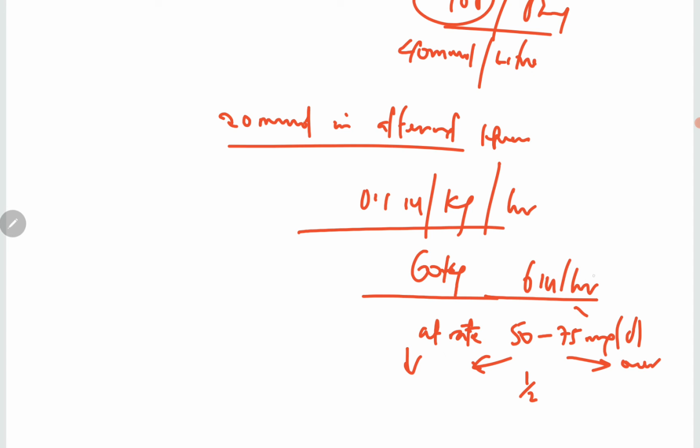For instance, if you are using 6 international units and you check the blood glucose after an hour and you have a drop of more than 100 milligram, then you can reduce the dose of insulin by 2 international units.